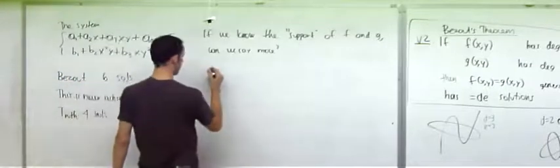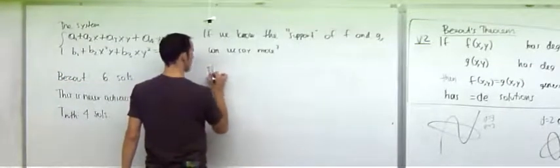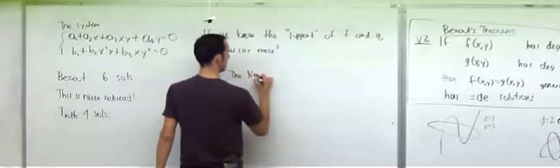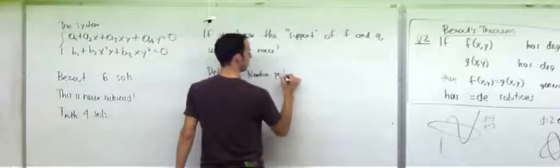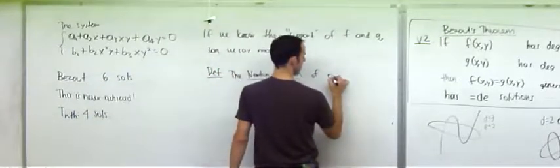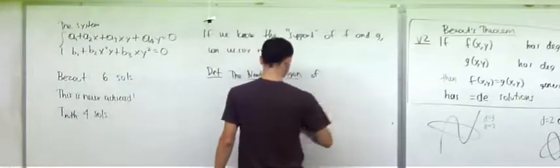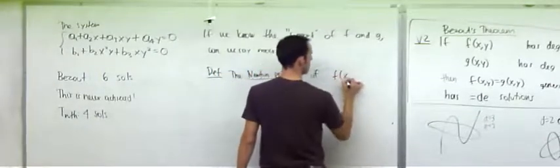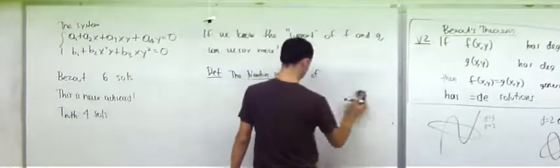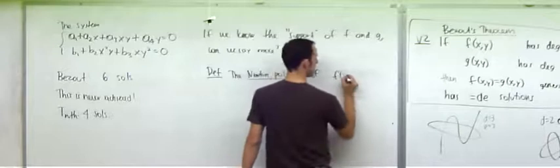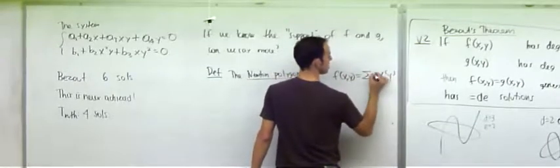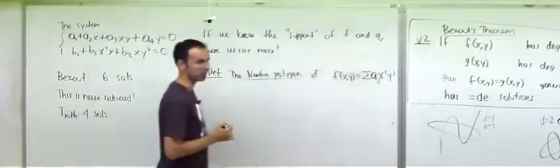There's this beautiful theorem of Bernstein that says the following. So let me first make a definition. The Newton polygon of this polynomial is, let's say that we have a polynomial and we write it as the sum of a_ij x^i y^j.